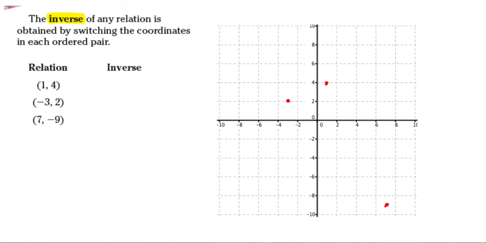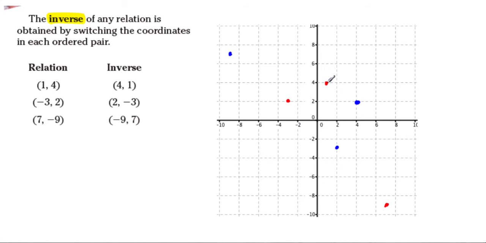Now the inverse of that relation would be the opposite, or switching the coordinates in each pair. So you now have (4, 1), (2, negative 3), (negative 9, 7). So the inverse of the relation will now be in blue. 4, 1 would be here. 2, negative 3 will be here. And negative 9, 7 will be right there.